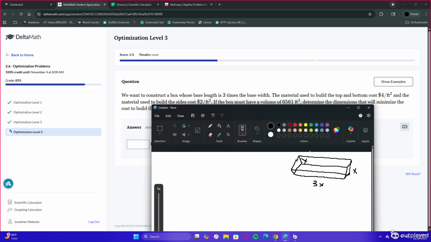So remember that the volume of a box is just length times width times height, so we have 3x squared times y is equal to our volume, which is 6,561.